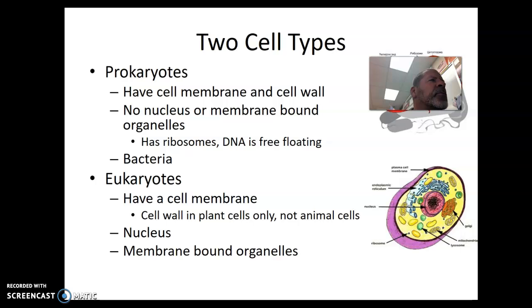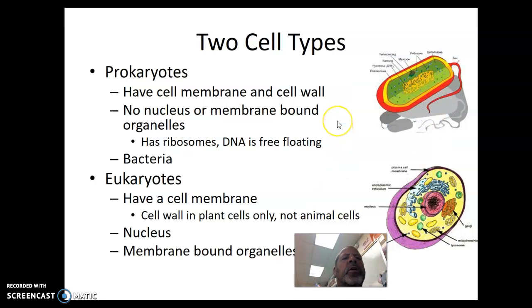The two main types of cells that we're going to touch on are prokaryotes and eukaryotes. When I study prokaryotes and eukaryotes, I often compare them in complexity to New York City and Manhattan and Dallas, Oregon. If you think about how complicated New York City is, just think about it this way.